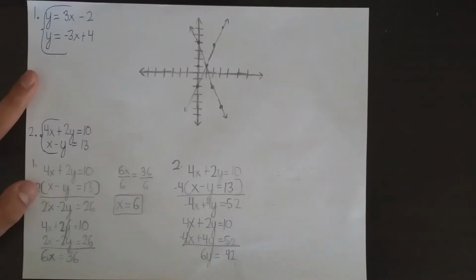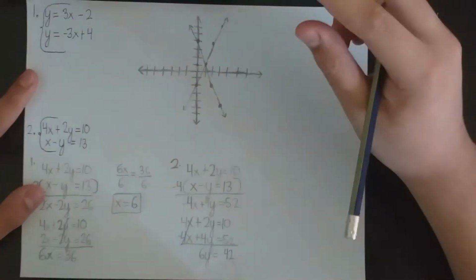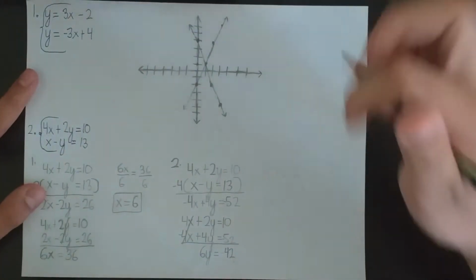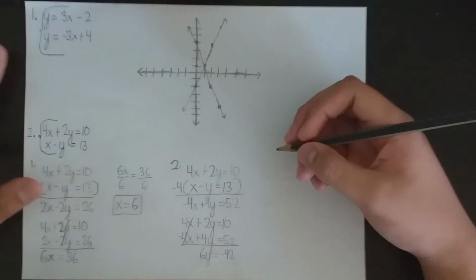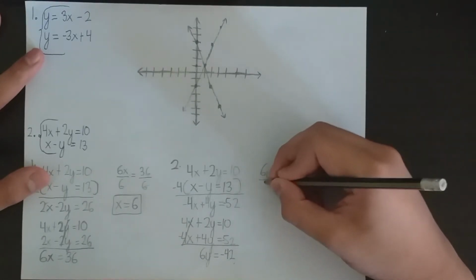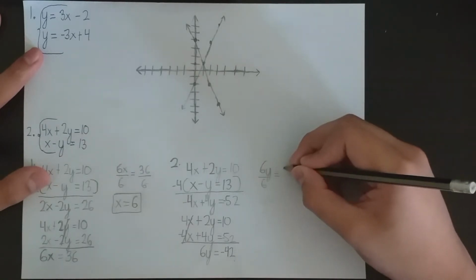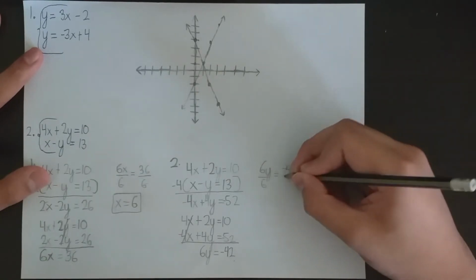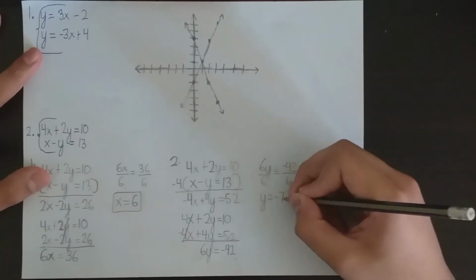So the result is 6y equals negative 42. Now we'll be dividing both sides by 6. So negative 42 divided by 6, and for the final answer, it would be negative 7.